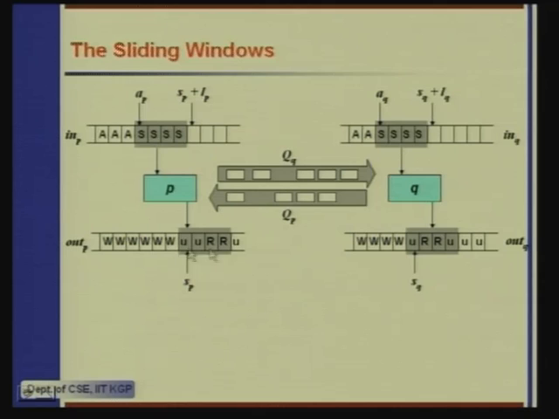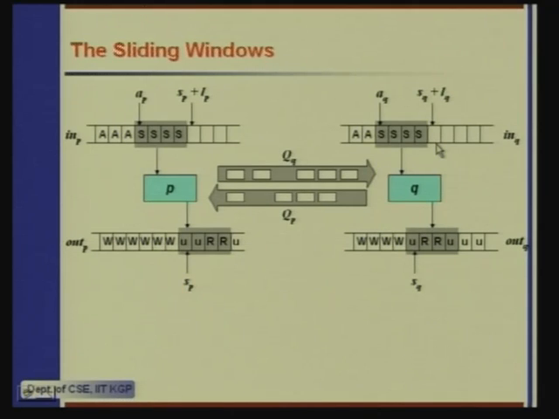Now you see this window cannot also be arbitrary. Why? Because the sending window here is fixed, right. The sending window here is within certain range. So the receiving window here cannot expect that some packet here will be received, several words down the line. It cannot come before because this window also has a limited size, right.